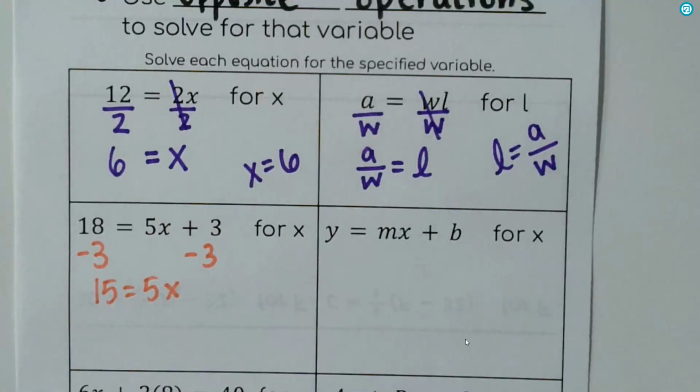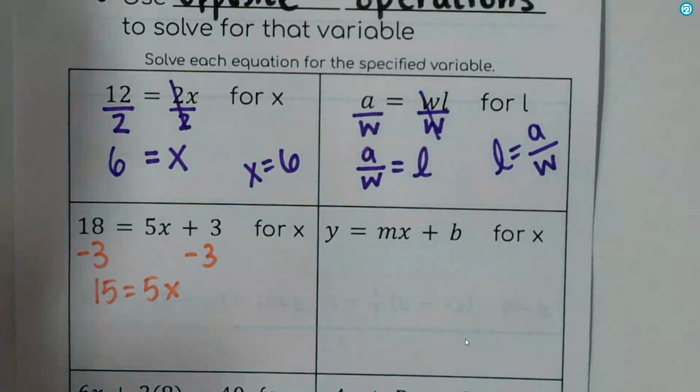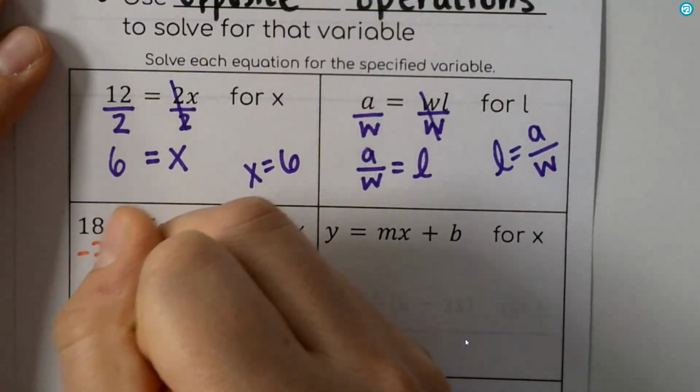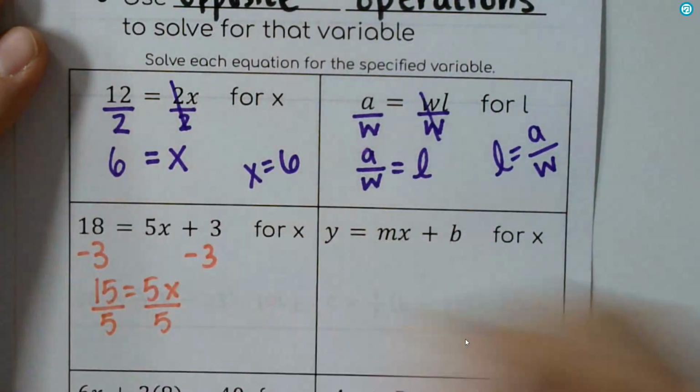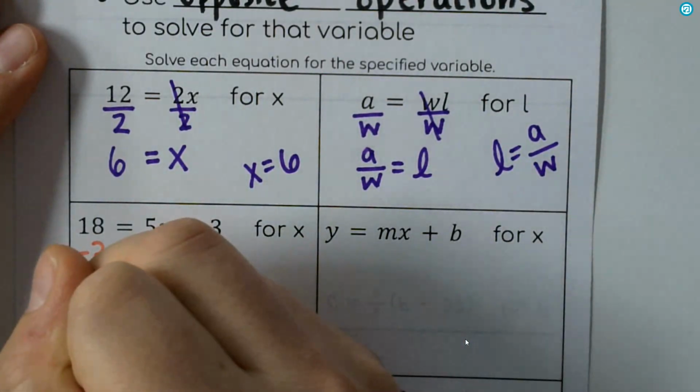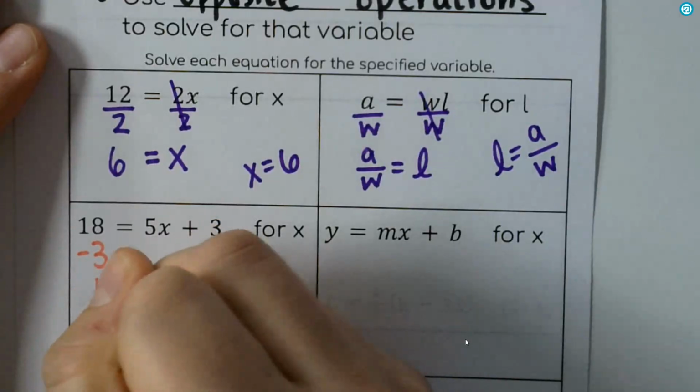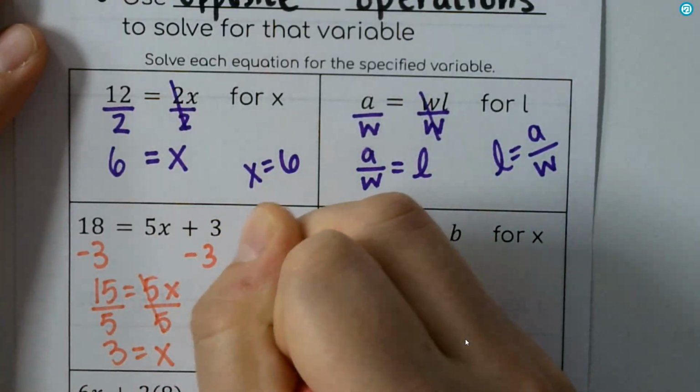And then to get x by itself, I need to divide by 5. So I divide both sides by 5. 15 over 5 is 3. The 5s cancel, so I get 3 equals x, or I flip that around to be x equals 3.